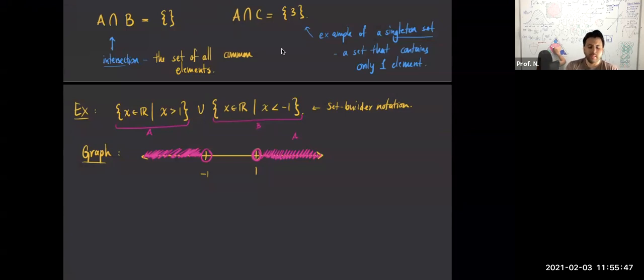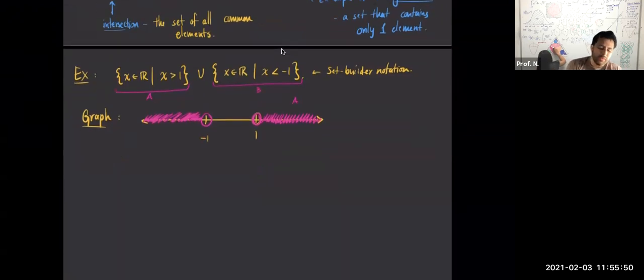And then what would be the interval notation for this? Well, what's the interval notation for the first shaded portion? It's everything from negative infinity all the way to -1.